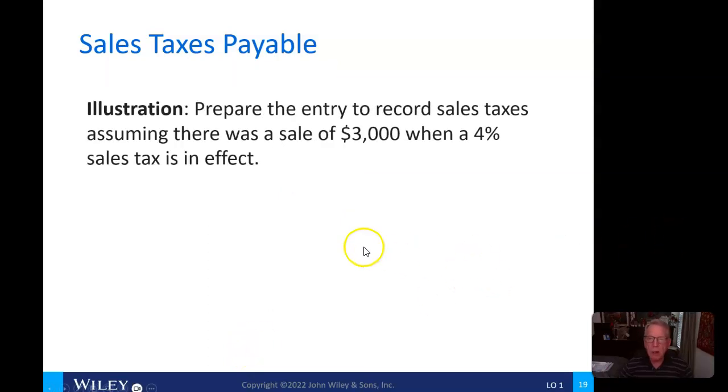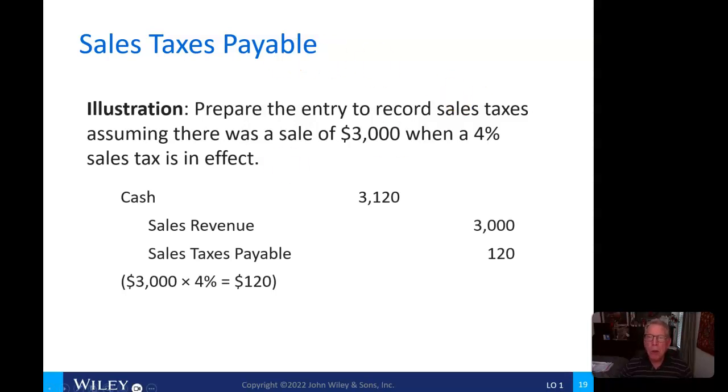All right, let's take a look at an example. We'll prepare the entry to record sales taxes, assuming there was a sale of $3,000 when a 4% sales tax is in effect. Obviously not in California. All right, so we're going to prepare this entry, $3,000, 4%.